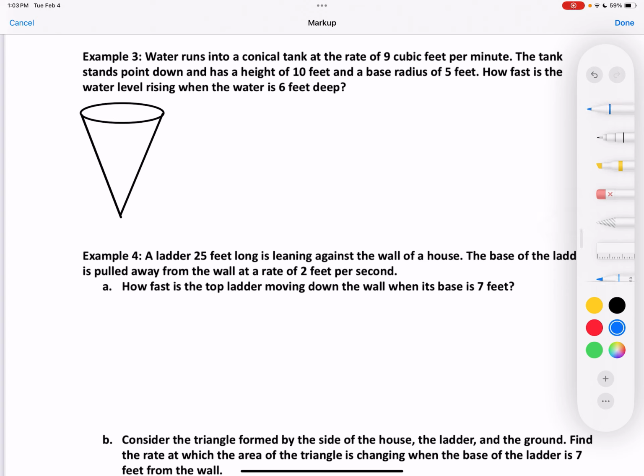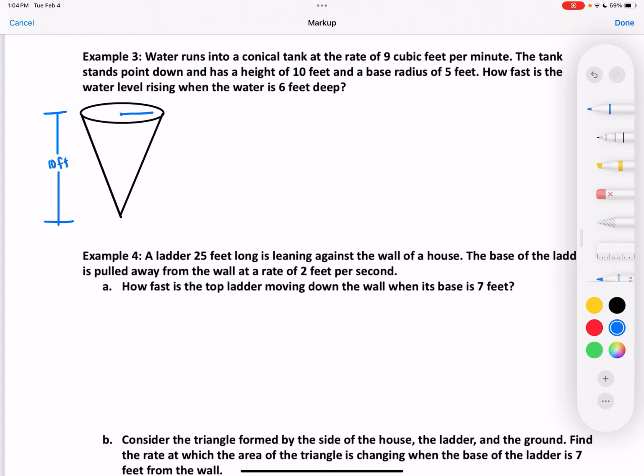All right, so the height of this cone is 10 feet. There we go. I can see it now. The base radius, so even though it's point down, the base is still this part up here. Naturally.